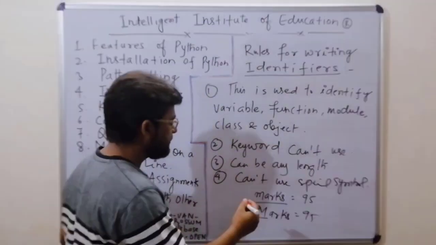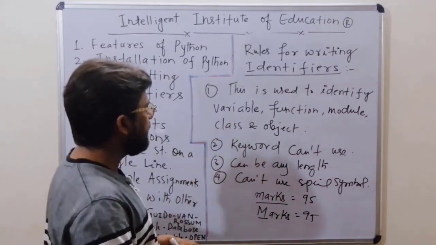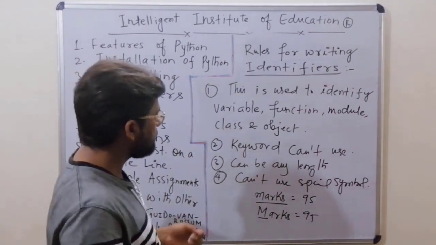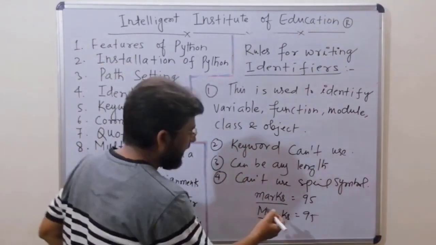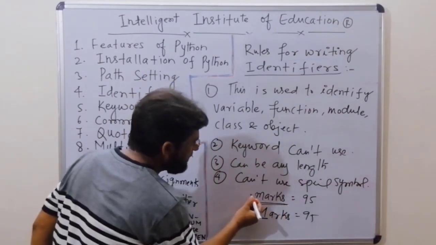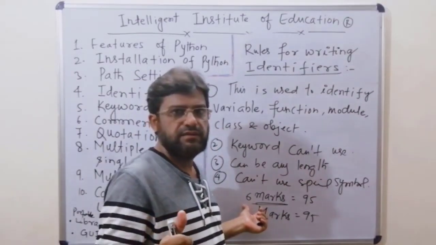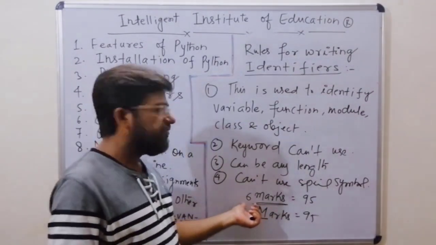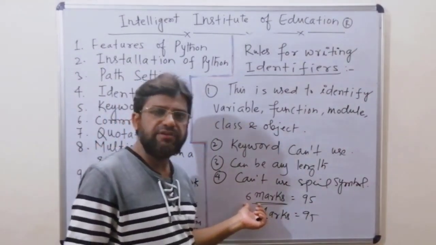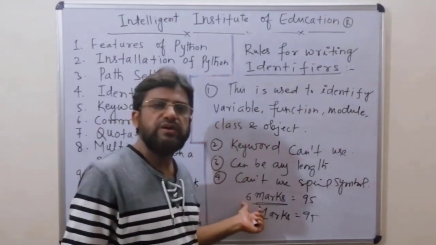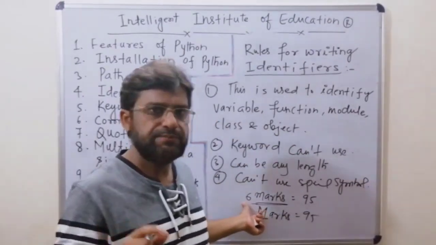Now third, next I want to explain that for any variable, the first character we cannot use as a number, right? So this is called an invalid variable, an invalid identifier. The first character cannot be a number.